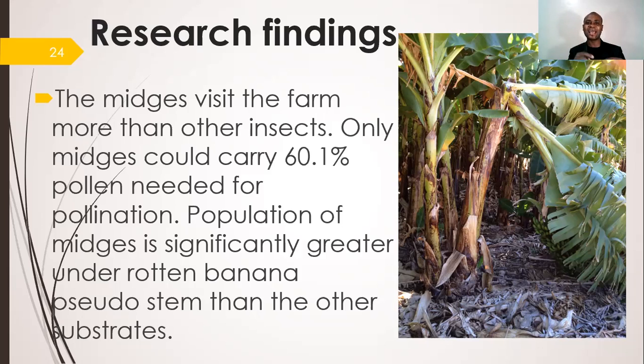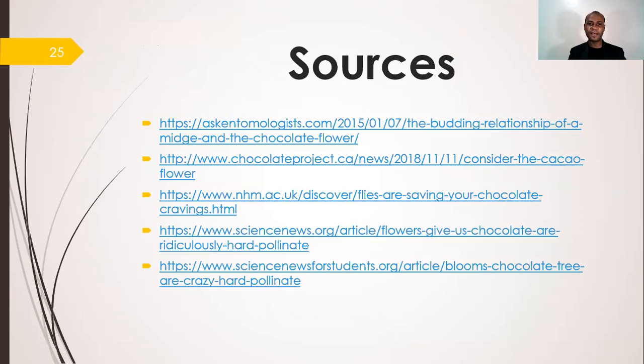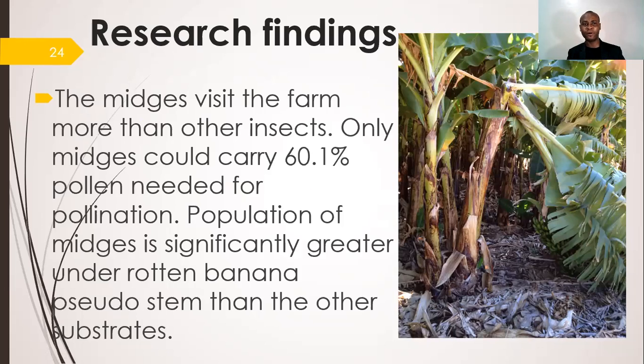The pollinators are able to reproduce faster on the farm. So what that means is that as a farmer, you need to have some bananas in your cacao plantation.